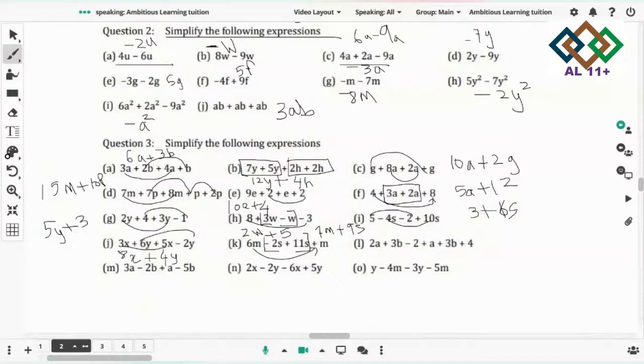So you have three equations going on in this one. So put all the a's together, all the b's together, and all the numbers together. When you do all this, the answer you guys would get for this one is 3a plus 6b plus 2.